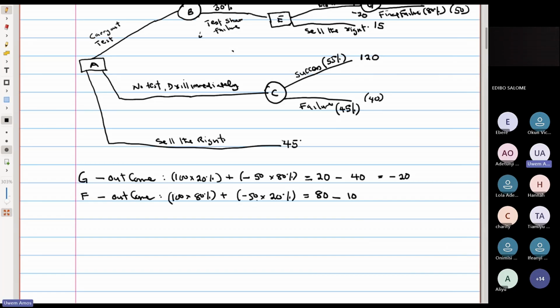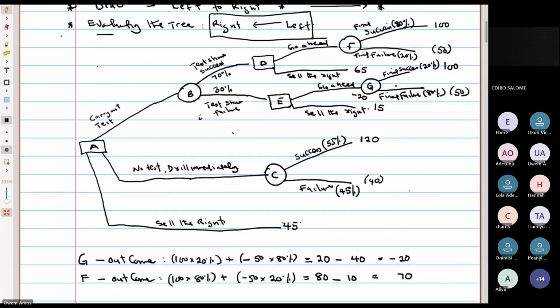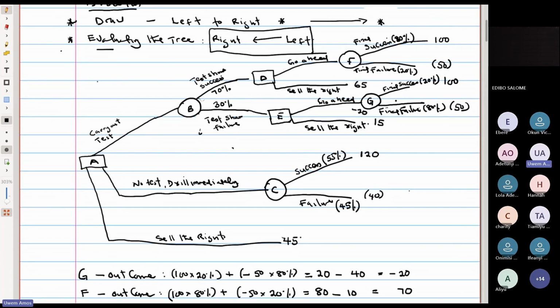So this is plus minus, giving us minus, and that gives us 70. So at this point, F, our value is 70. So at G, our value is minus 20. At F, our value is 70.